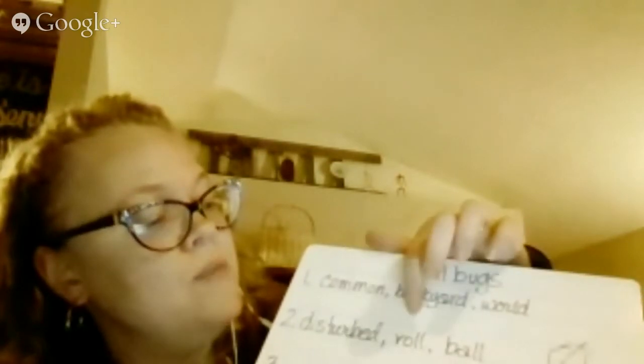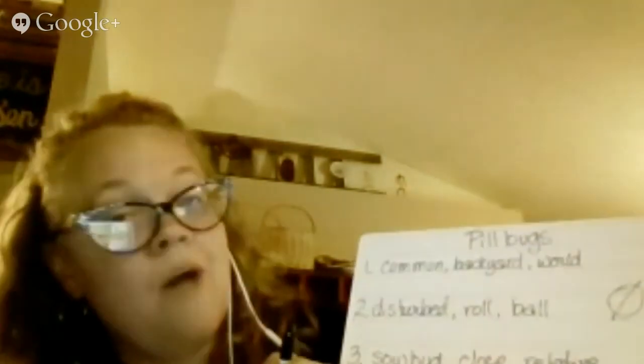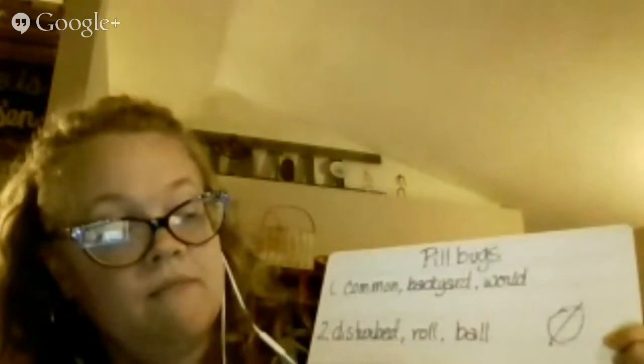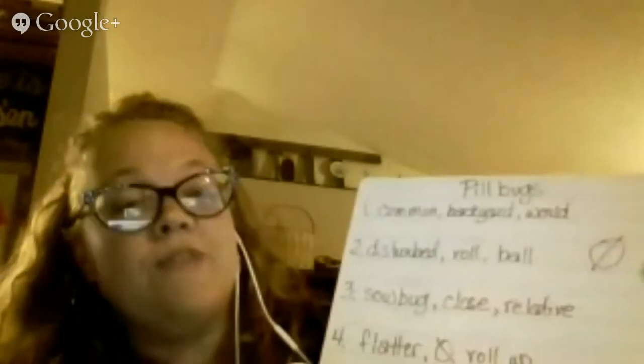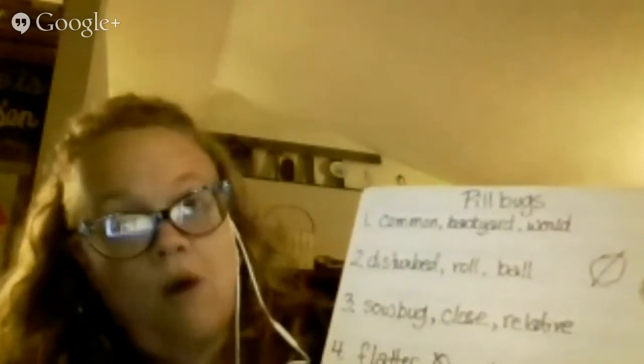That's how they got their name. Sentence number 3, sow bug, close relative. Okay, this again, that was that really hard one. The sow bug is a close relative. It's really simple. Okay, number 4, flatter does not roll up. So the sow bug is flatter but cannot roll into a ball.